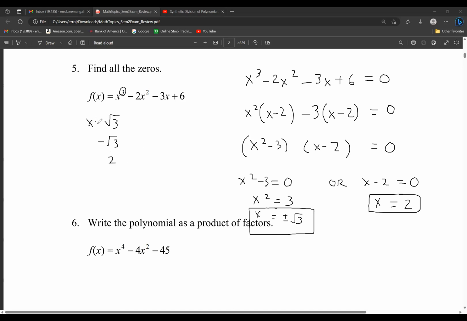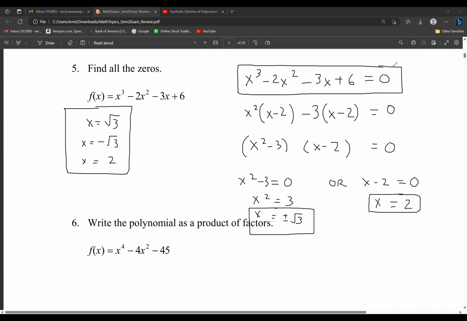There's your zeros. So on these types of questions, when it says find all zeros, just equate the equation to 0 and then solve for x. Good on that one? Yes.